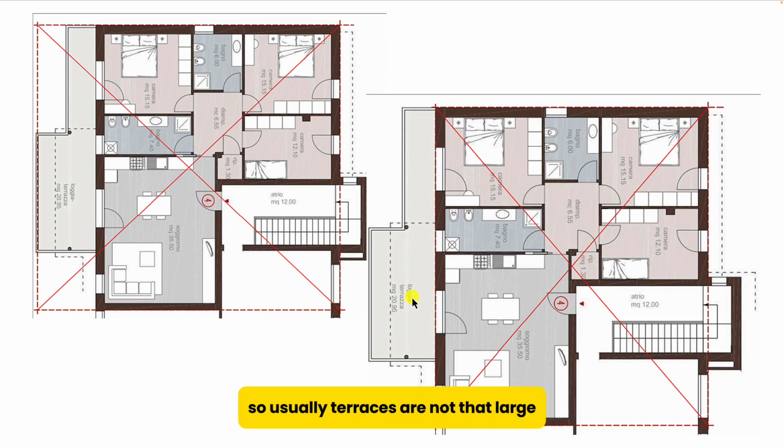Usually terraces are not that large, so including or not including the terrace is not changing your center so much. But in cases like this, when the terrace is very large, I usually consider both centers, because sometimes it can say something more subtle about your house.